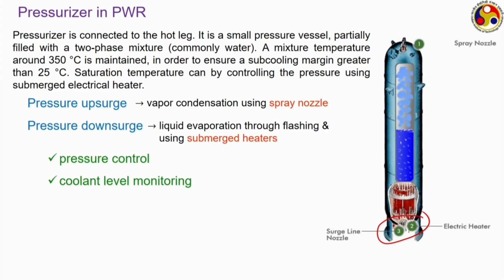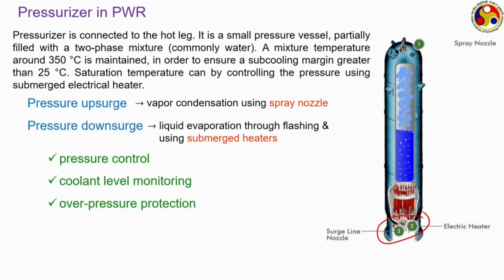Therefore, just by observing the coolant level inside the pressurizer, we can ensure that there is sufficient water throughout the reactor system.